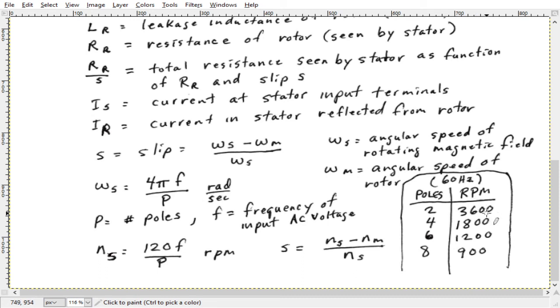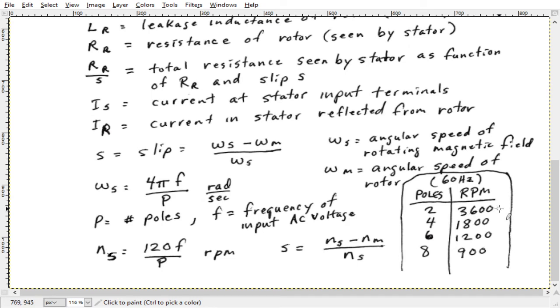Now, the actual motor speed is going to be some percentage of this. If you have a slip of 0.02, then you're going to have a speed that's 1 minus 0.02, or 0.98 times that.